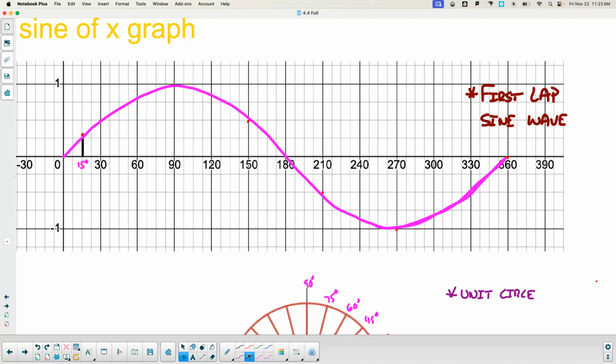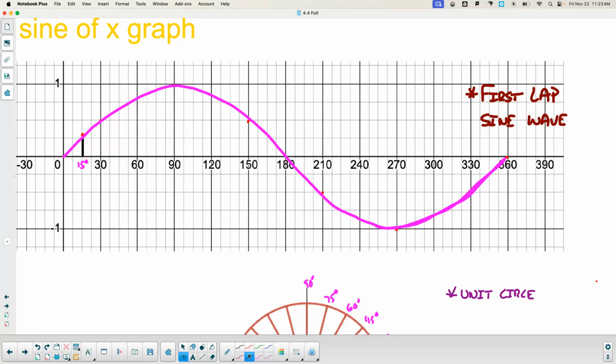Right? Now, what would happen if we went around a second time? You would follow the curve. It would follow the curve, but just expanded out to the right side. If we went around a second time in the positive direction, we'd have another curve exactly like that, and third, fourth, fifth, etc. What if we went in the negative direction?